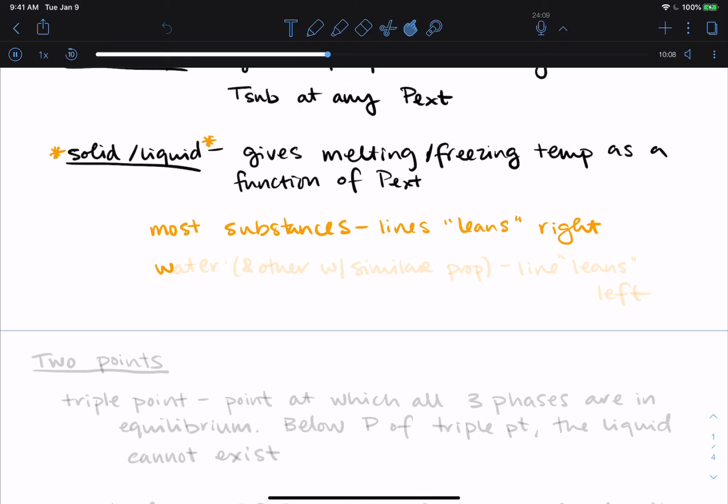And then water and others with similar properties, which usually just means hydrogen bonding, this line leans to the left.